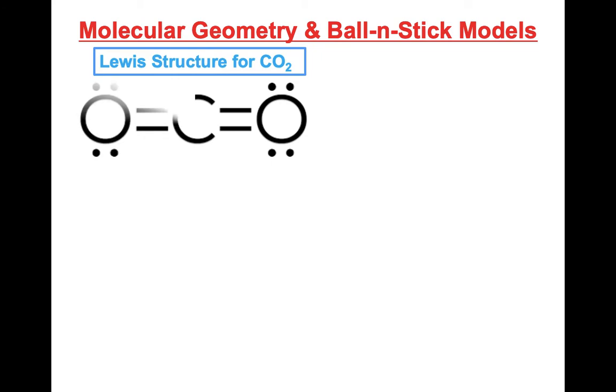So your first one, here's carbon dioxide. I've already done the Lewis structure for you. Carbon is your center atom. Does carbon have any lone pairs? How many are attached to carbon? There are no lone pairs on the center atom. So the 2 bonded pairs get as far apart from each other as they can, which creates this linear shape that you're seeing.